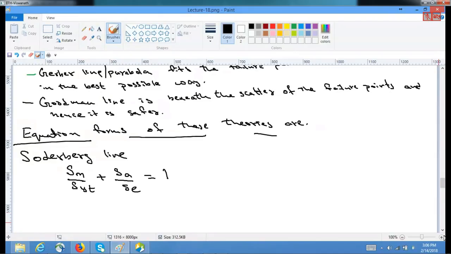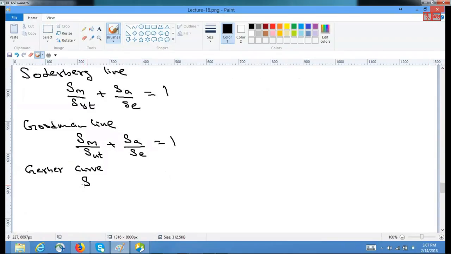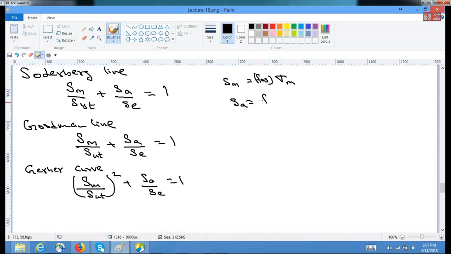The Goodman line is given by Sm by Sut plus Sa by Se equals 1, and the Gerber curve is given by Sm by Sut whole squared plus Sa by Se equals 1, where Sm equals factor of safety times sigma m, and Sa is factor of safety times sigma a.